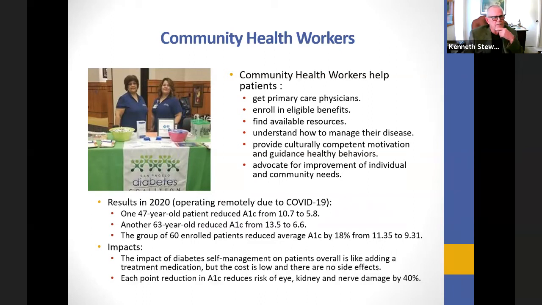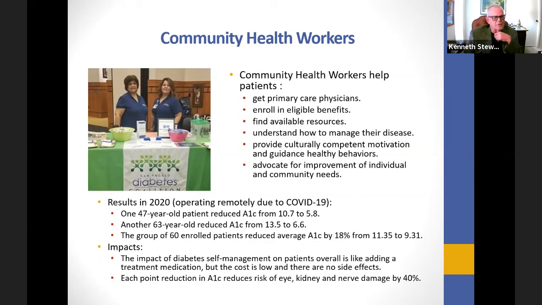And you can see that they have created some significant reductions through this program in the average blood sugar of type 2 diabetics in our community, particularly those in vulnerable groups. And this is something that has some important outcomes like this one.